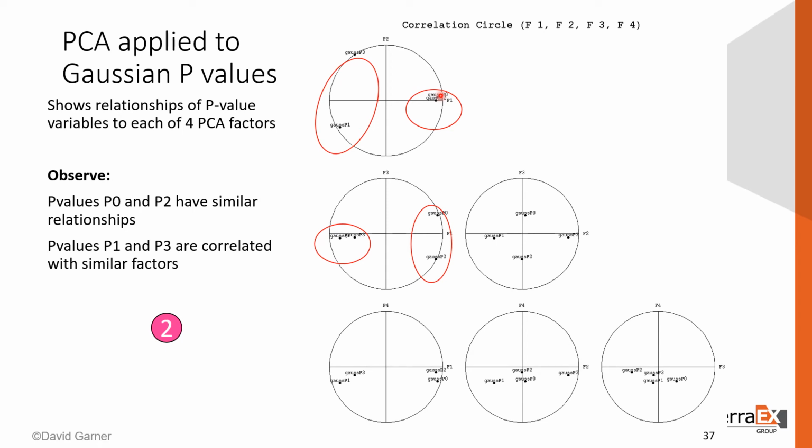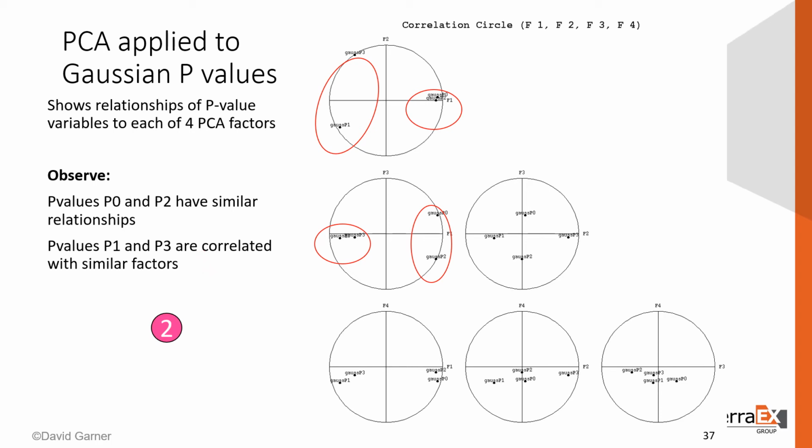They're similar, whereas orange and yellow have an opposite correlation on the second factor, and so they're behaving differently.